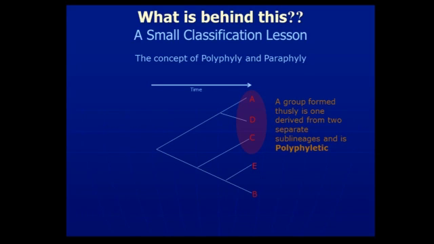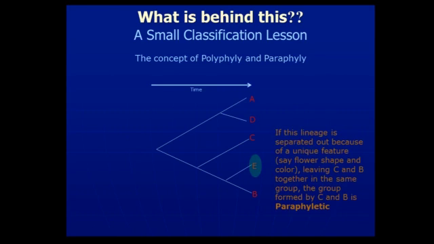He's not going to share the same genetic background or the same ancestors as you do. And a group like that, that's formed in this way, is called polyphyletic. That's a no-no. We don't like that, because we like our plant families and our plant genera to be just like human families. No adoptions.